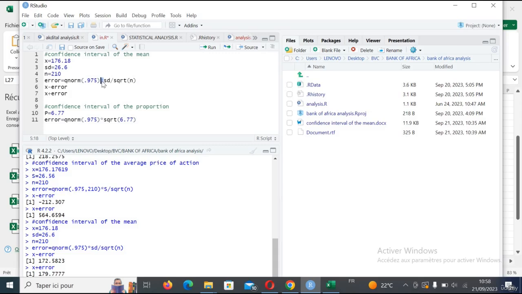It gives you 93.22. Divided by the number that we have, which is 21.